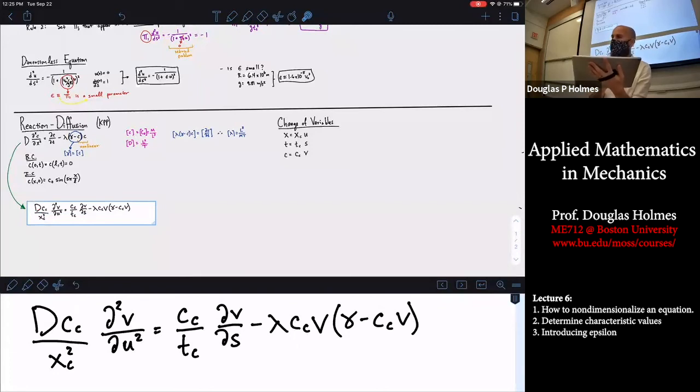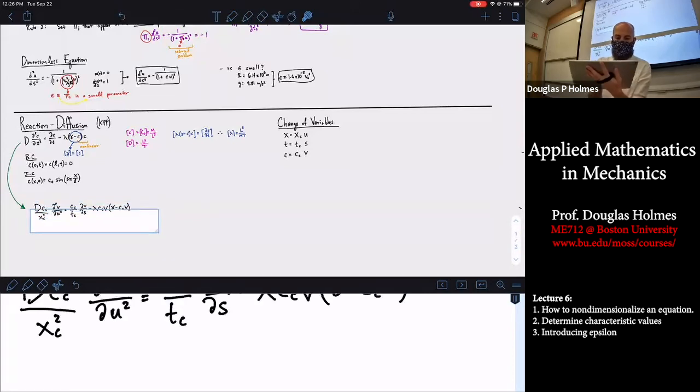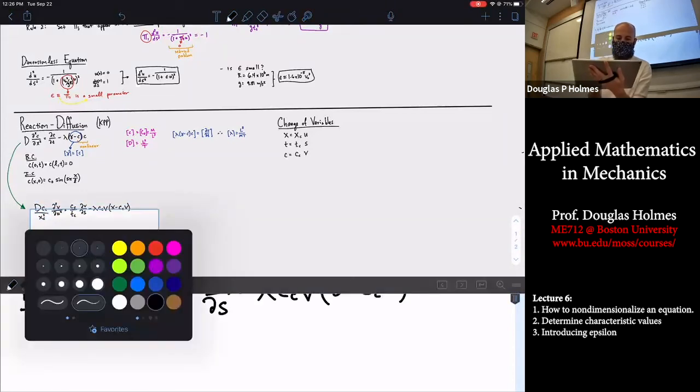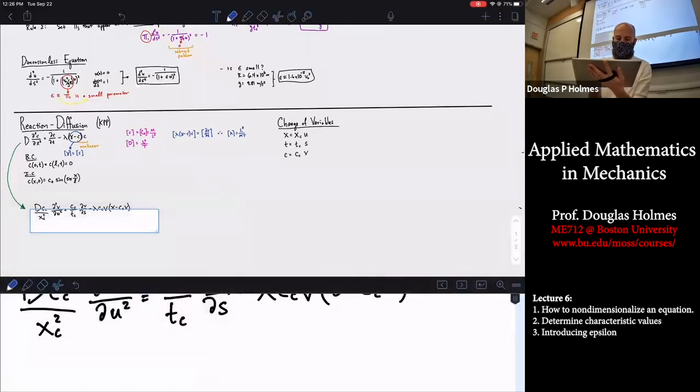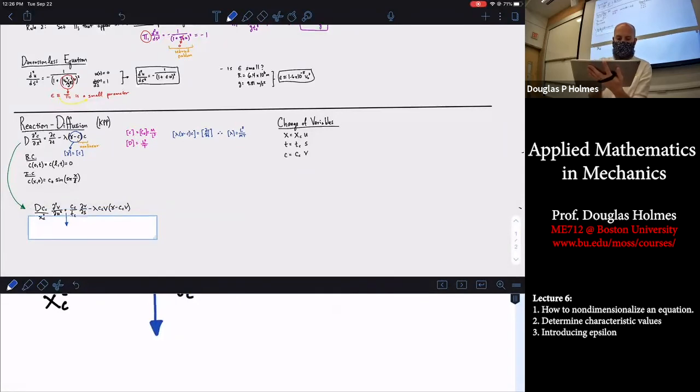So I have a length squared in the denominator, and I need a time in the numerator to make that dimensionless, so I can move this thing over here. I can move the cc and cancel it out on both sides. So let's go through this process, and then we'll do it again. So my first term should be something like this.